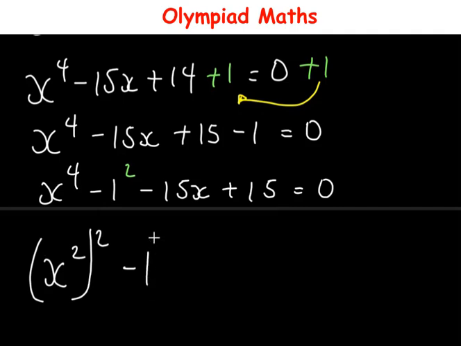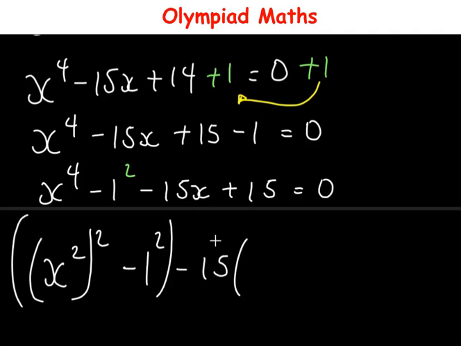Then minus 1 raised to power 2. So with this we have simplified this to resemble this. Then we can factorize out 15 because it's a common factor right here. So factorize out minus 15.